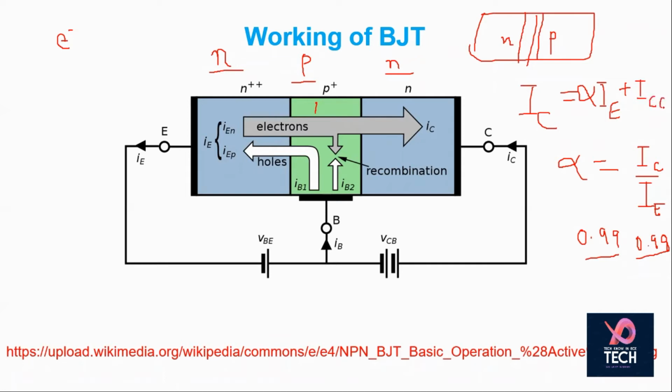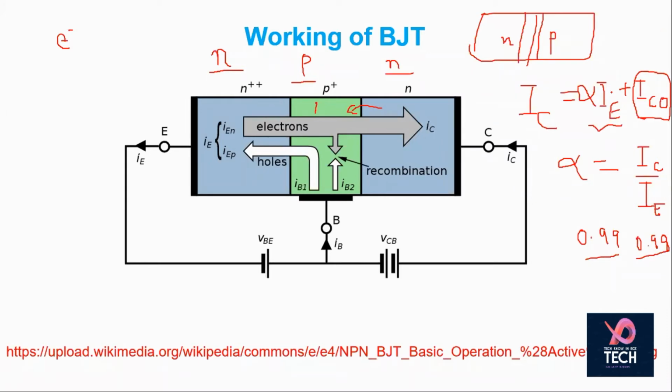So collector current is because of your emitter current times some ratio, and also some reverse current in this direction, because under the effect of this positive terminal, some of the holes will be pushed in and get combined here, and this is the reverse current. The value is very, very small. It is in microamperes, while this is in milliamperes. So that's why we are getting the entire thing.